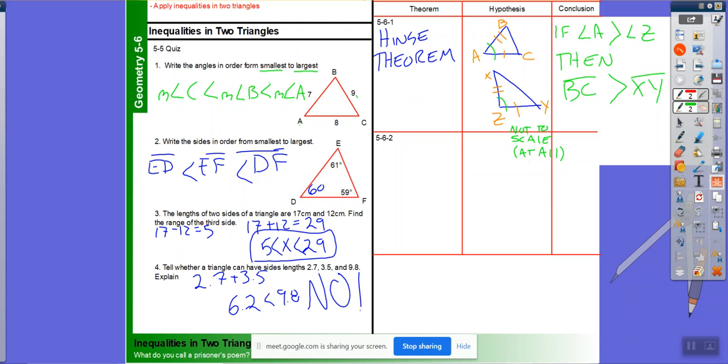So angle A and angle Z are not congruent. So it's just a converse, but with added stuff saying that BC is larger, which makes it new. Yeah, so this is called the Hinge theorem, but I can see the similarities with side angle side. The way to think about it is it's like a hinge on a door, right?